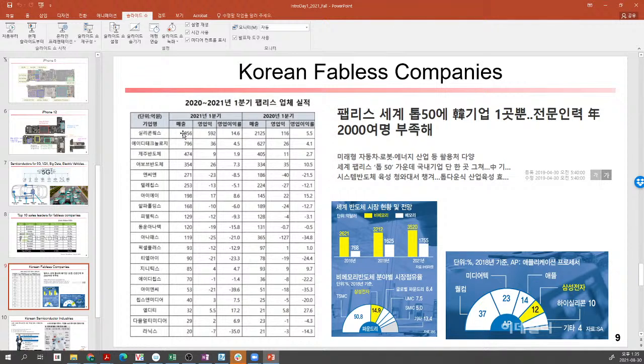All of this sums up to the fact that we need lots of designers in this kind of industry.